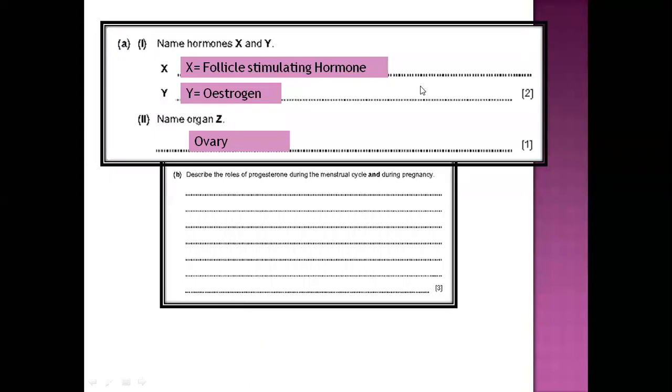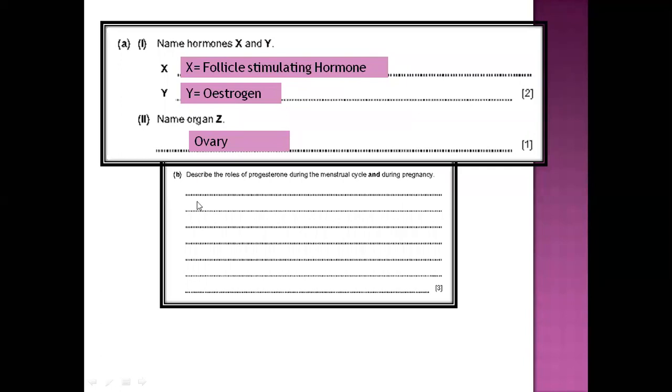Yes, organ Z is the ovary, because LH and FSH hormones work on that. Yes, you can also write FSH, follicle stimulating hormone. The short name for follicle stimulating hormone is FSH.